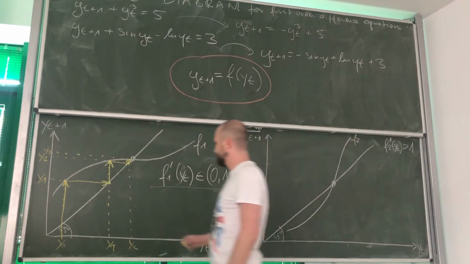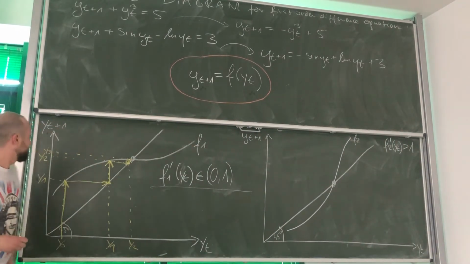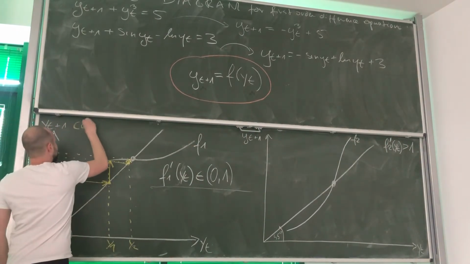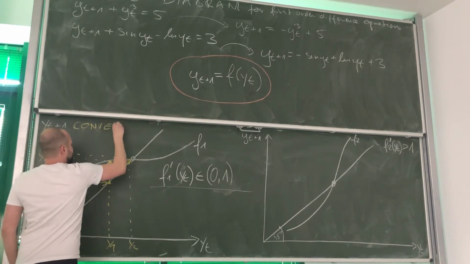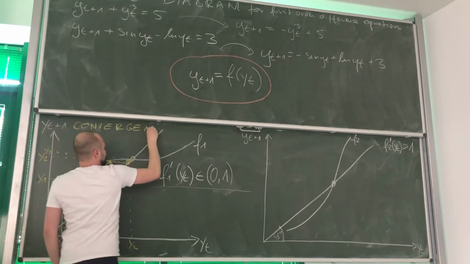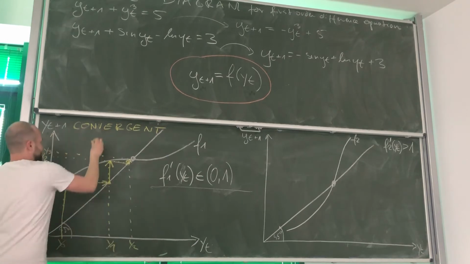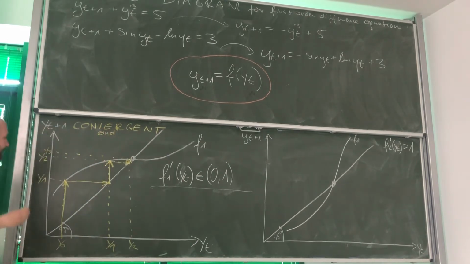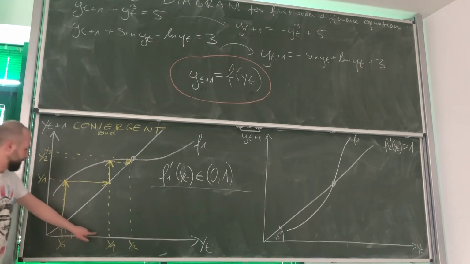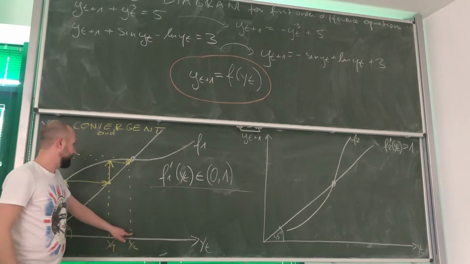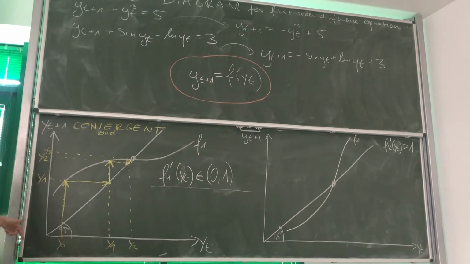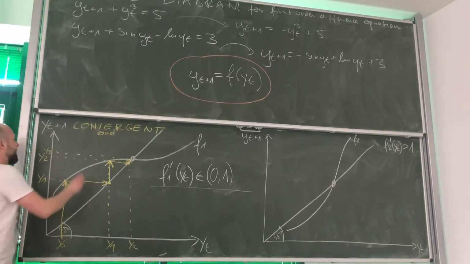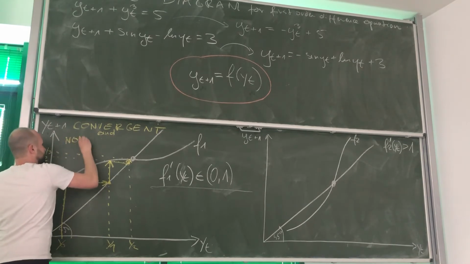We get time path that is convergent, and what can we else say about this time path? Look here, higher value, higher value, higher value, higher value, right? Which means that this time path is non-oscillatory.